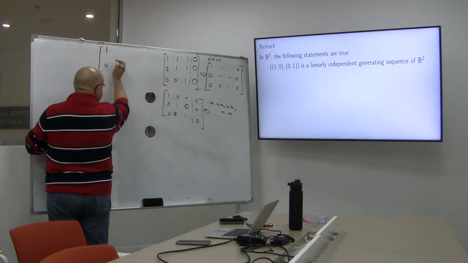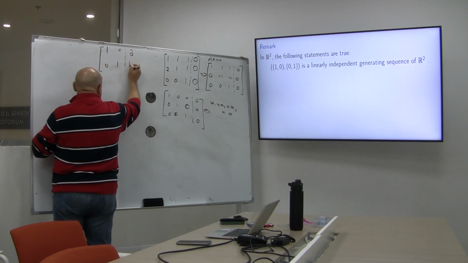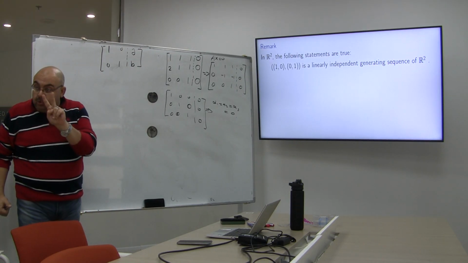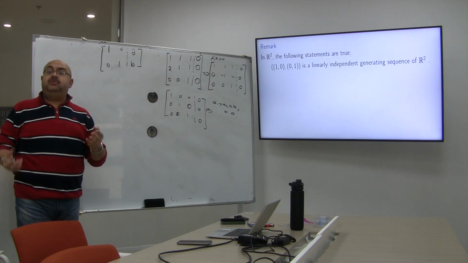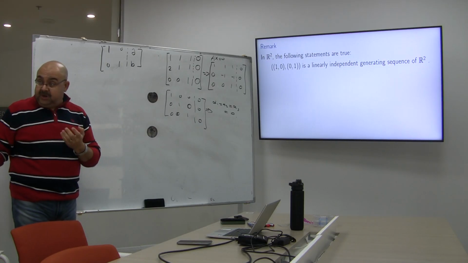And also, this set, (1,0) for the first vector and (0,1) for the second vector, can generate literally any vector in R2. Any vector will have two components, the first is A and the second is B, both of them belonging to the real numbers.